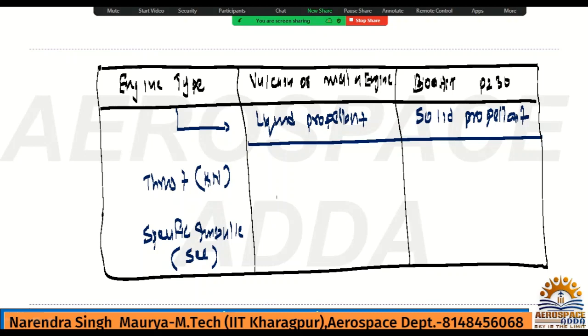We are getting 1114. For solid propellant, we are getting 6470. Okay, and specific impulse we are getting 430.